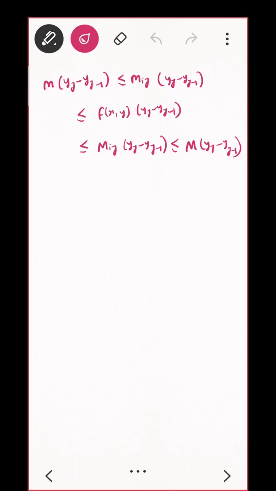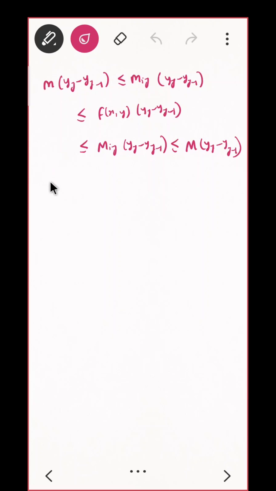Correct? Now your y is varying here, so can I take summation over y? That means y is arbitrary. This is true for all y in that interval. Correct? So what I want to do, I want to add all these things.